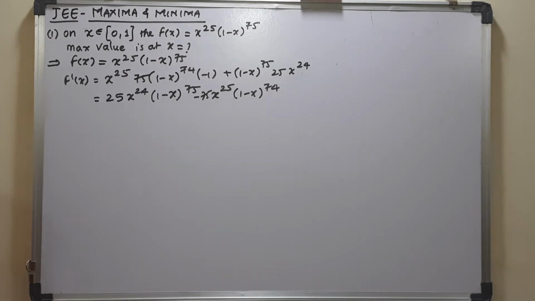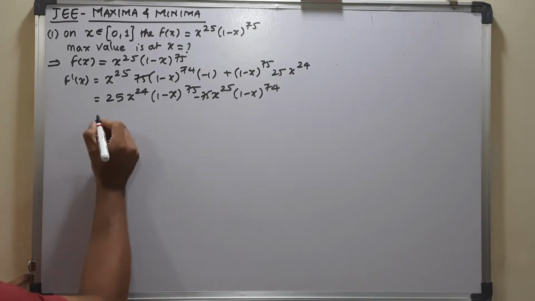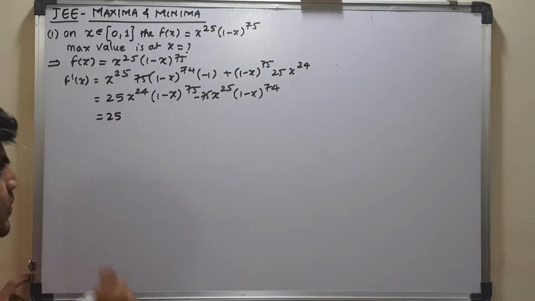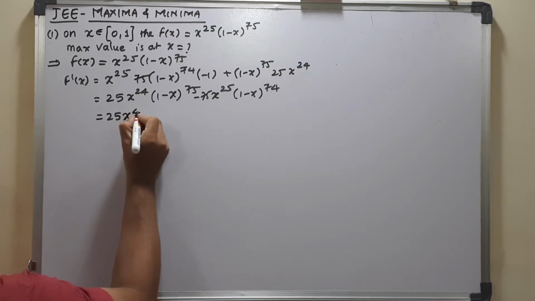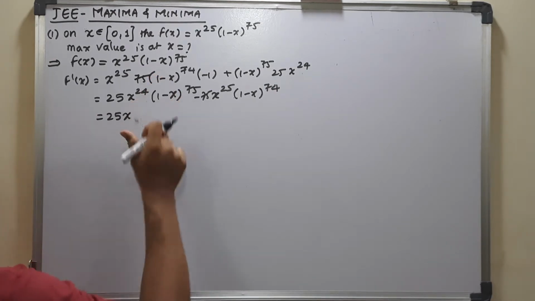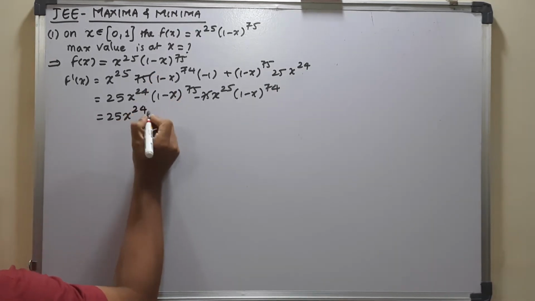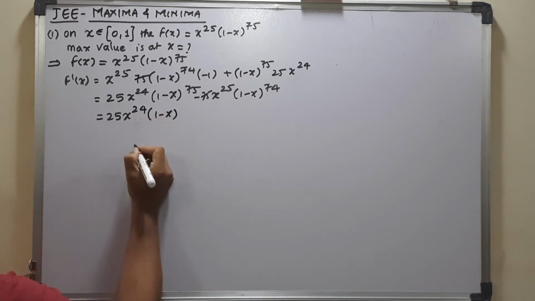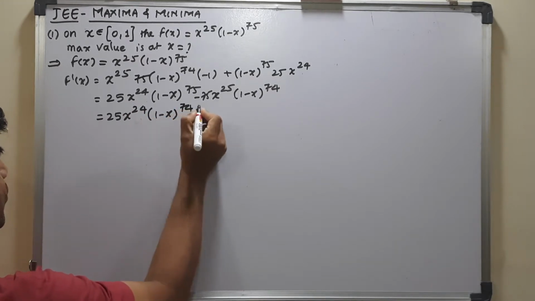If you want, you can take common terms and then proceed. Taking common, 25 comes out, x raised to 24, 1 minus x raised to 74.